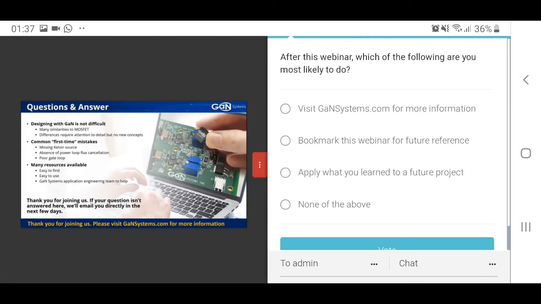Okay, the first question reads, is GaN easy to be paralleled? And is there anything special for GaN in parallel? The answer is yes. GaN is easy to be paralleled. We have a GaN 2 in parallel and 4 in parallel reference design. The design rules are quite straightforward.